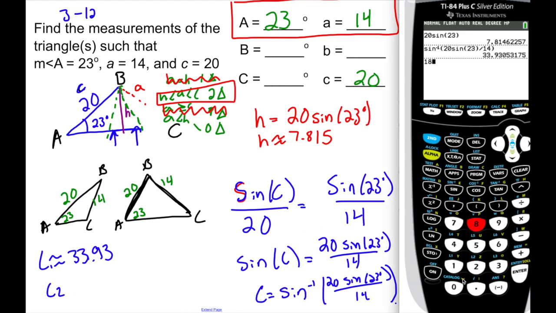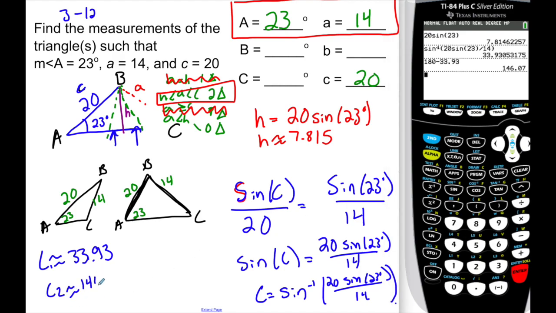So I'm going to do 180 minus 33.93. What that gives me is 146.07. Okay, so it's going to create two triangles right now. One where I have 33.93 and another one where I have 146.07.